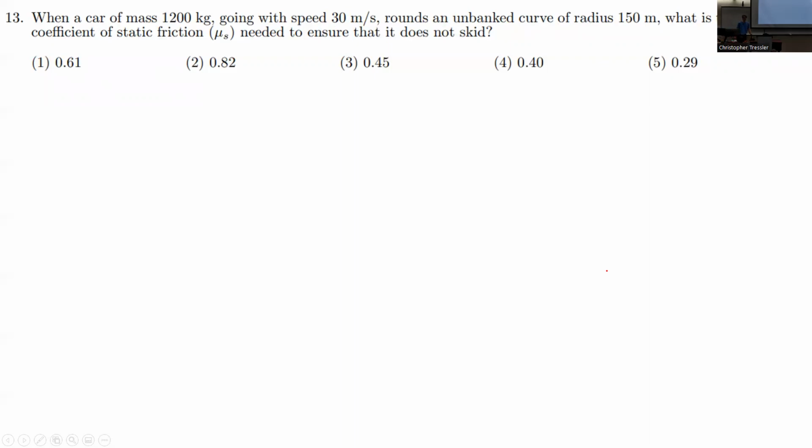And we also have a speed. Now, what we need to know is that the force of centripetal acceleration is going to be equal to the net force, right? When you're doing centripetal acceleration. But let me see minimum.